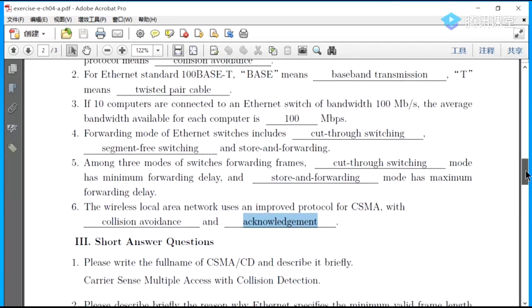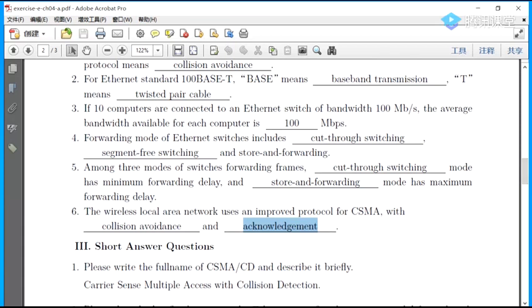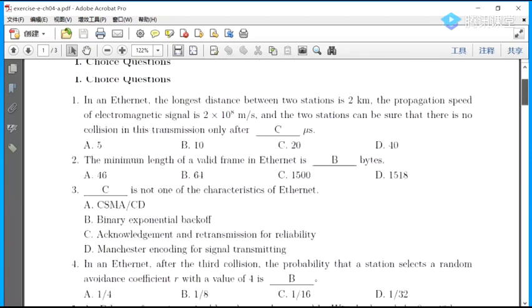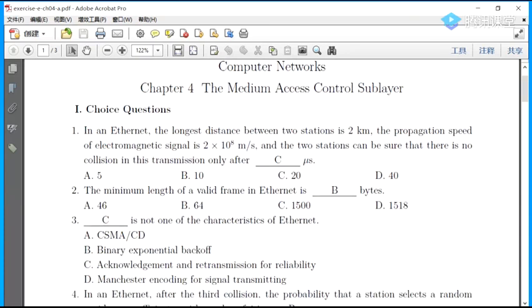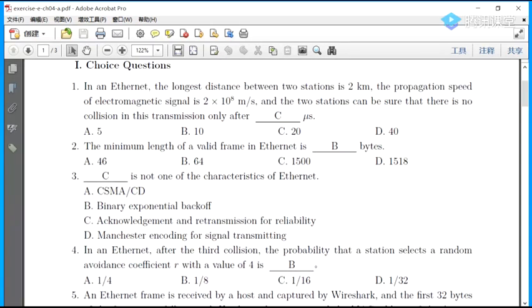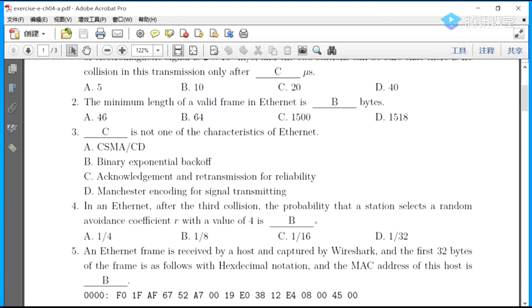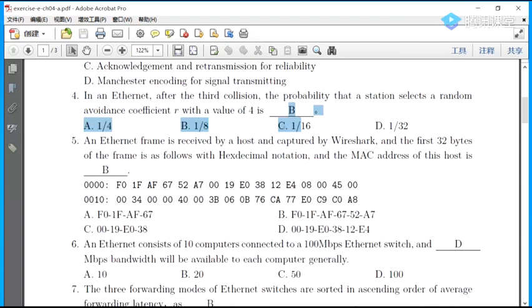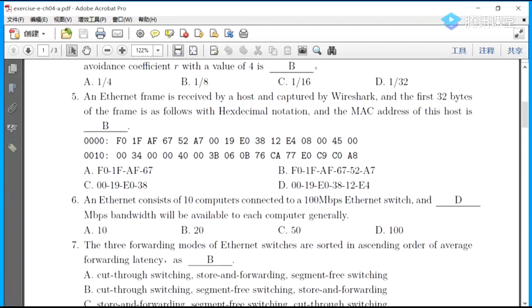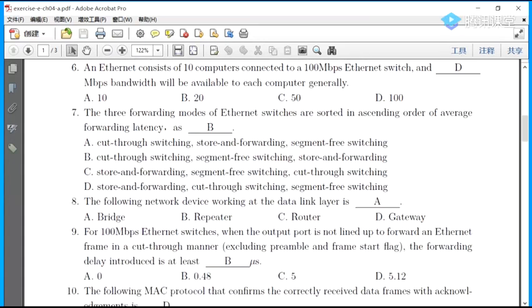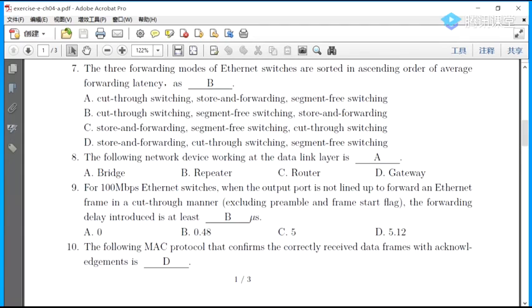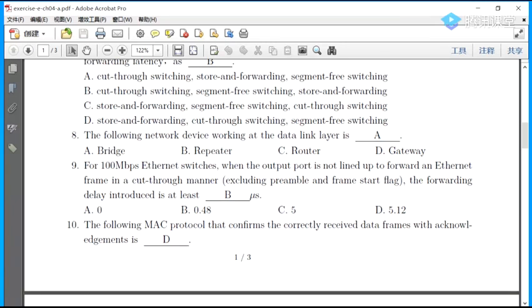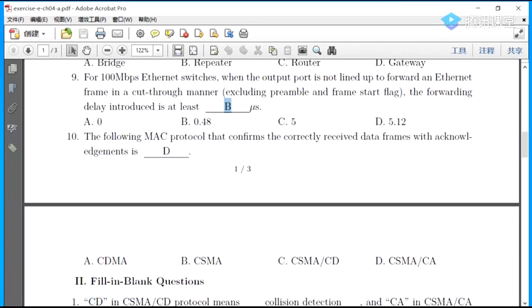Now I will review the answers. 1C, 2B, 3C, 4B, 5B, 6D, 7B, 8A, 9B, 10D.